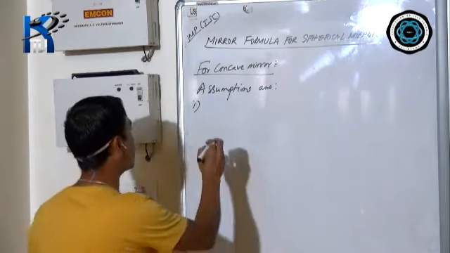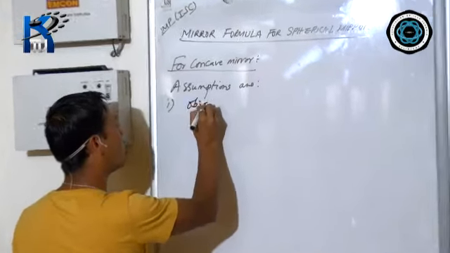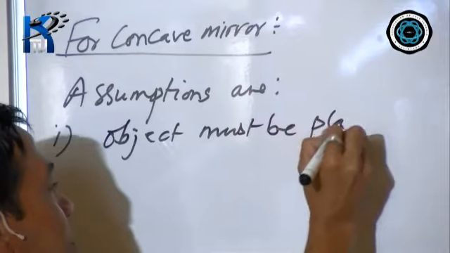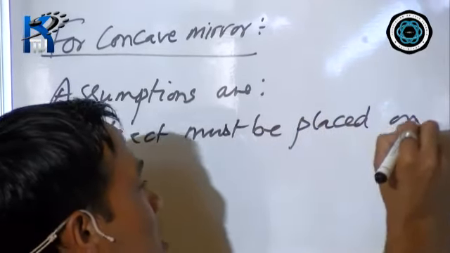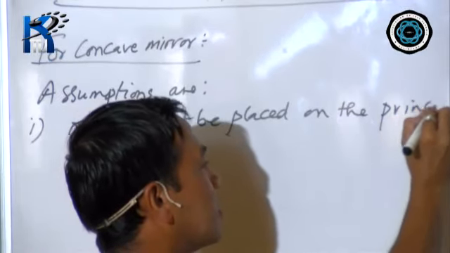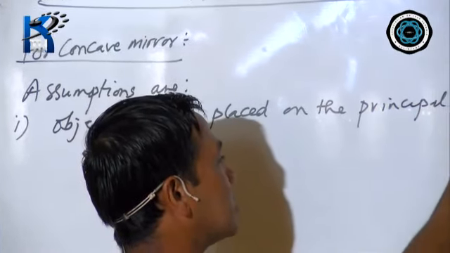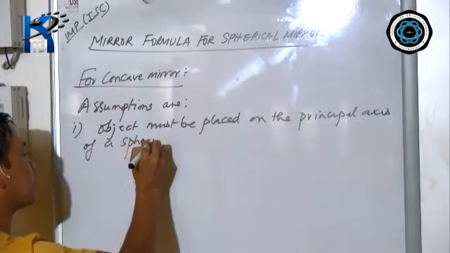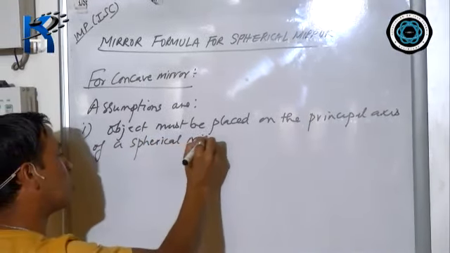That means the number one assumption is the object must be placed on the principal axis of a spherical mirror. So this is the number one assumption.